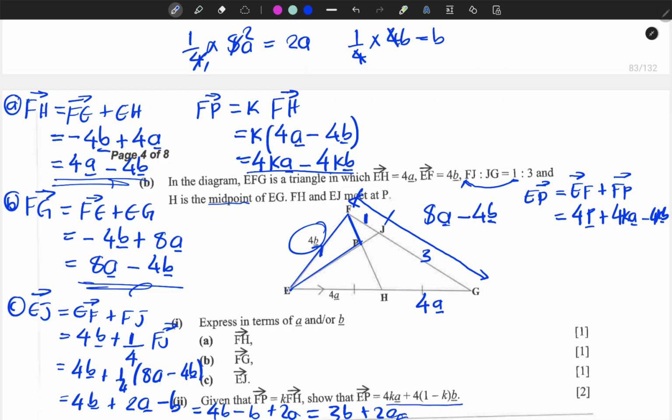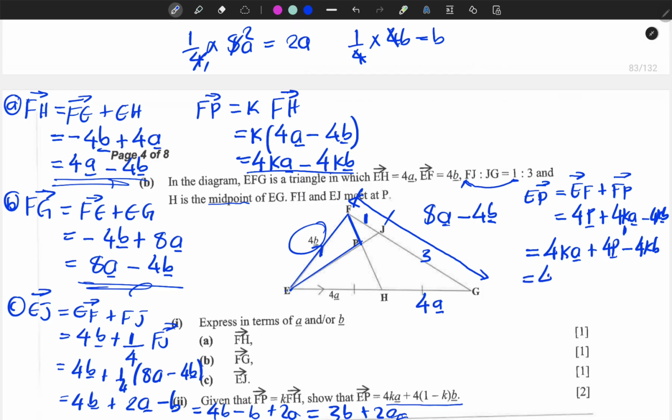So we need to look at how they have arranged this expression. So we need to make some comparison. So they started with 4ka. So that is what we are going to start with. Number one here. So you write 4ka plus 4b minus 4kb, like this.